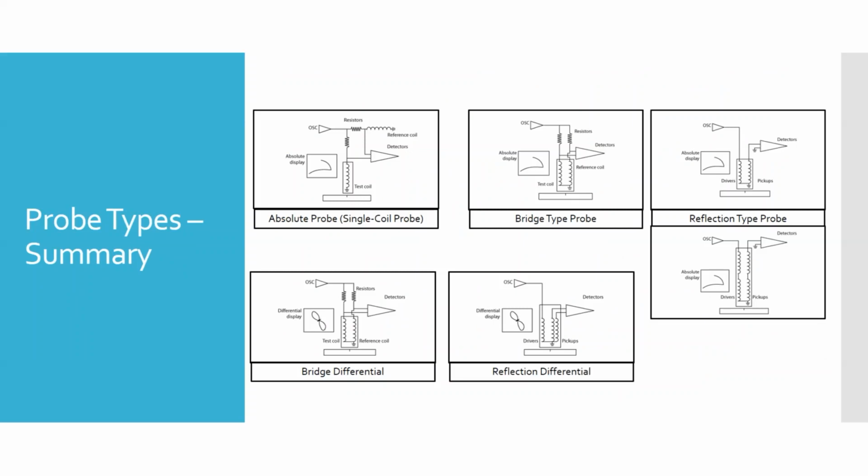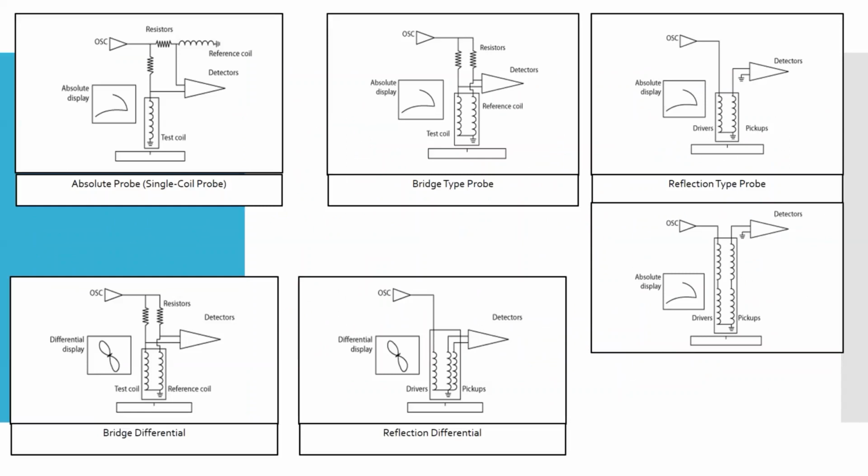This reflection differential is definitely a hybrid probe. You can see it's got a detector wired to two pickups that are in a reflection type arrangement. Okay. But because there's two there, it's also kind of a differential type arrangement as well. It can look at the difference between these two coils, but they're not being driven by the frequency generator directly. Same picture, just made them a little bigger.